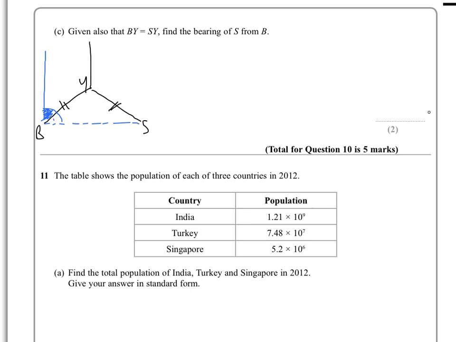Well, if we look at this triangle, because this length is the same as that length, we know it's an isosceles triangle. So that equals that. This angle we've actually worked out, because we worked out in the previous question that that was in fact 110. So we know now that this one here is 110.